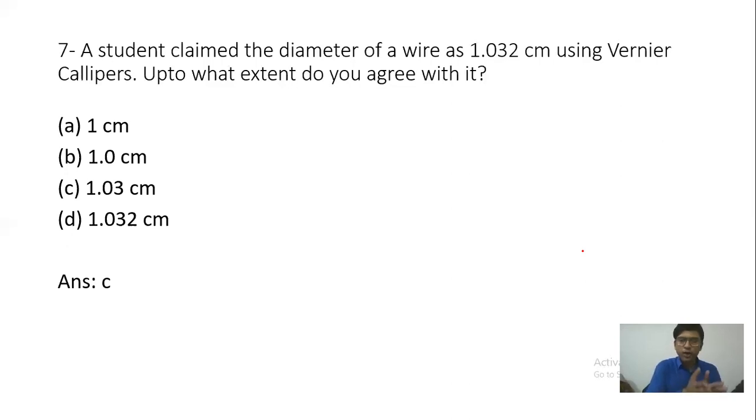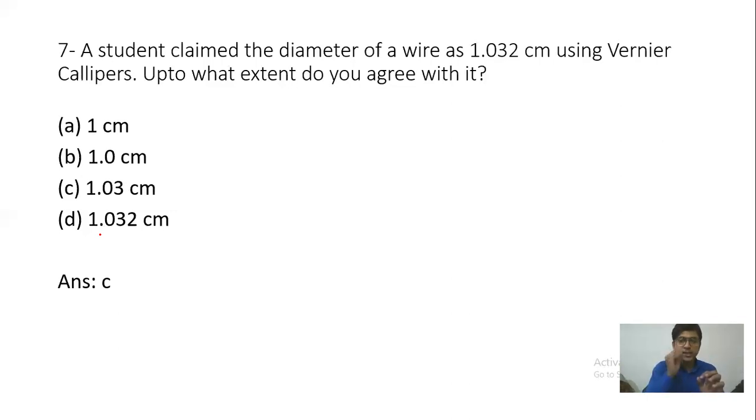Why? Because the other number, 1.032, is beyond its limit. There is some limitation for a measuring instrument, so you can agree with 1.03 centimeter, because the least count for a vernier caliper is 0.01.